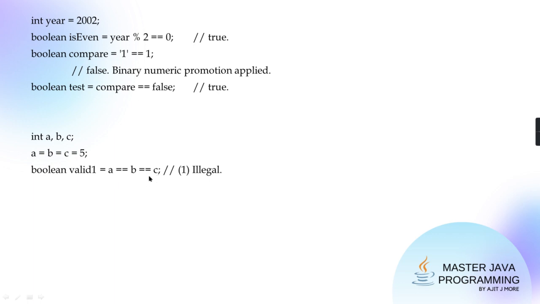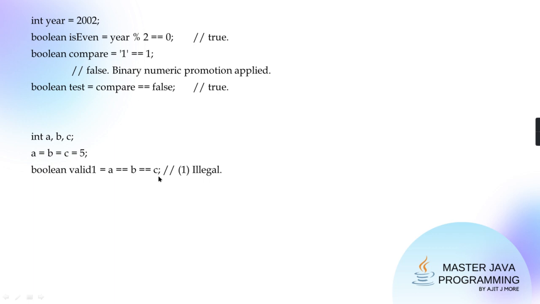So can you do comparison between a non-Boolean and a Boolean? No, such equality is not there. Either they should be both Boolean or both non-Boolean. You understand? That is the reason it gave an error. The error is not because this operator is non-associative.